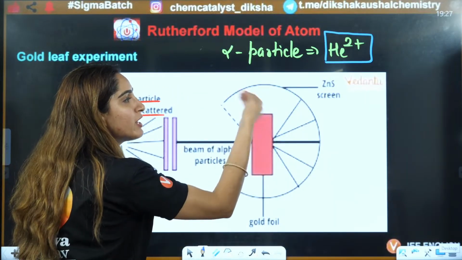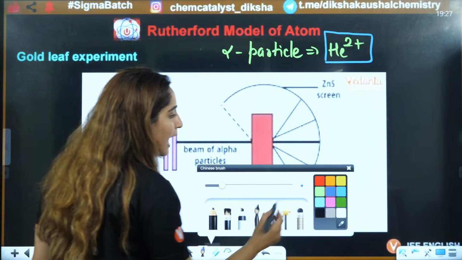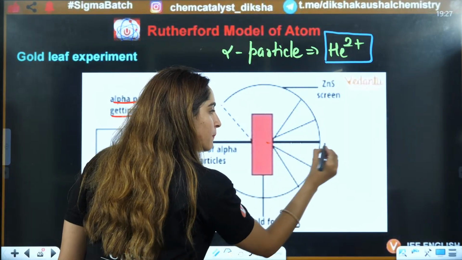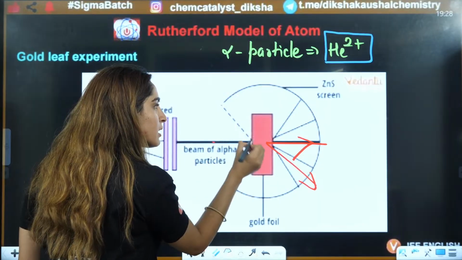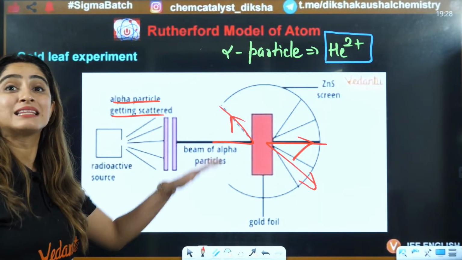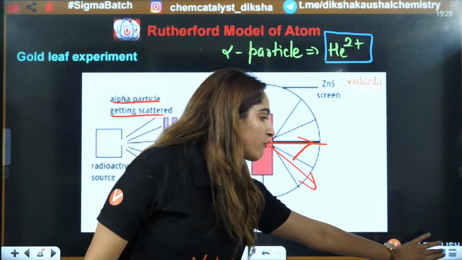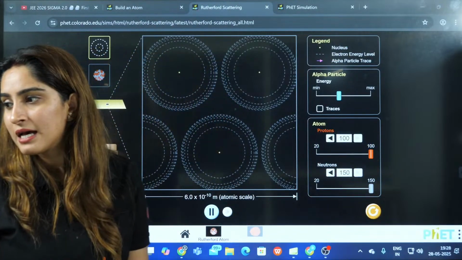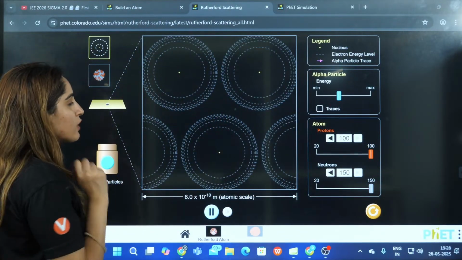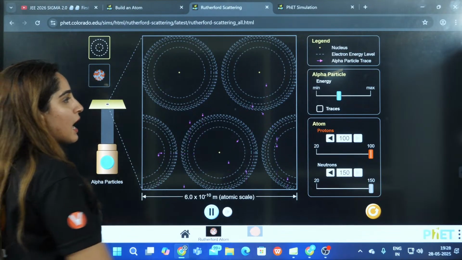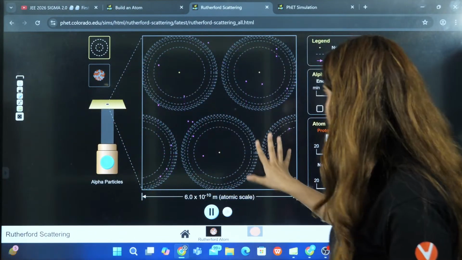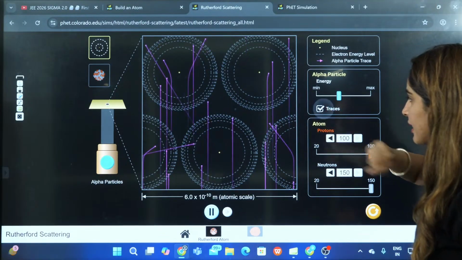Now there are different observations: some of them are passing straight, some of them are deflecting, some of them are bouncing back. I want to show you that with the help of this experiment. When I pass the alpha particles, let's see the traces here.